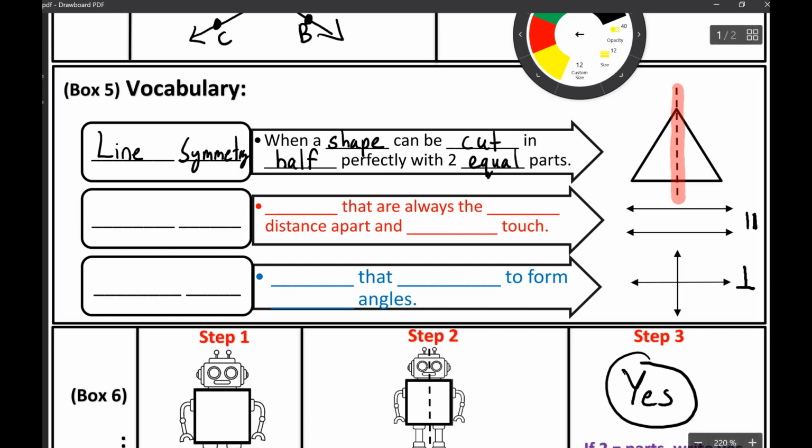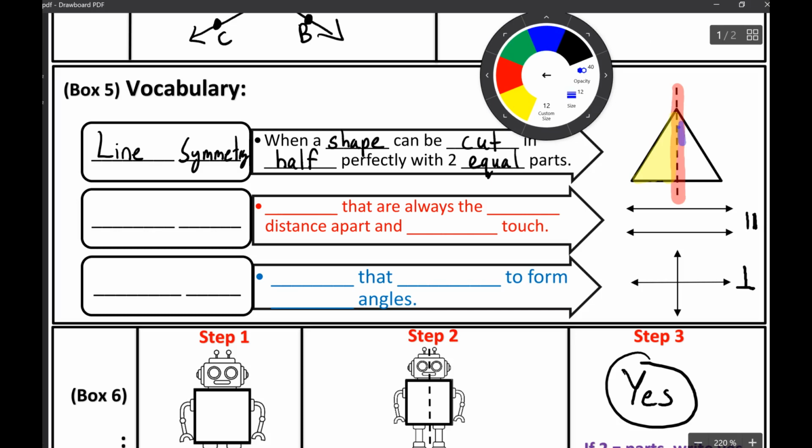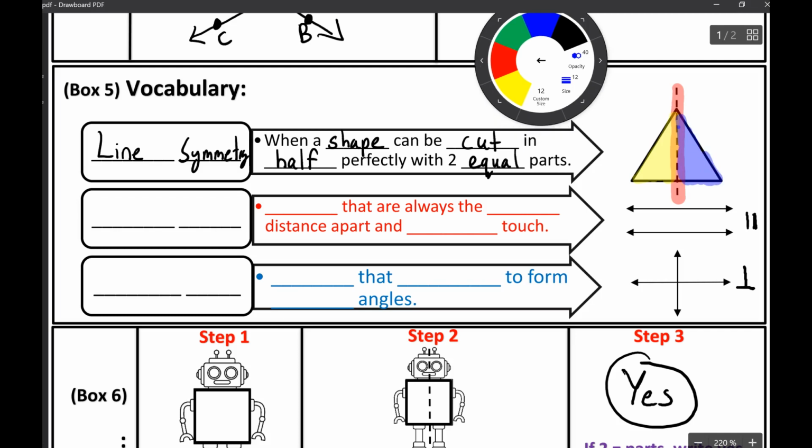You can see that this side right here, all of this yellow part, is going to be equal to all of this blue part right here. You can more or less see the two equal parts when I cut it right in the middle with this red line. Keep that in mind.